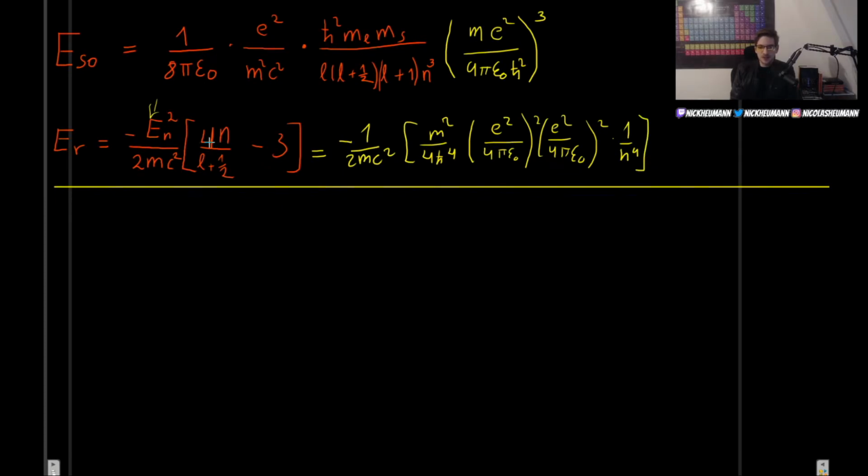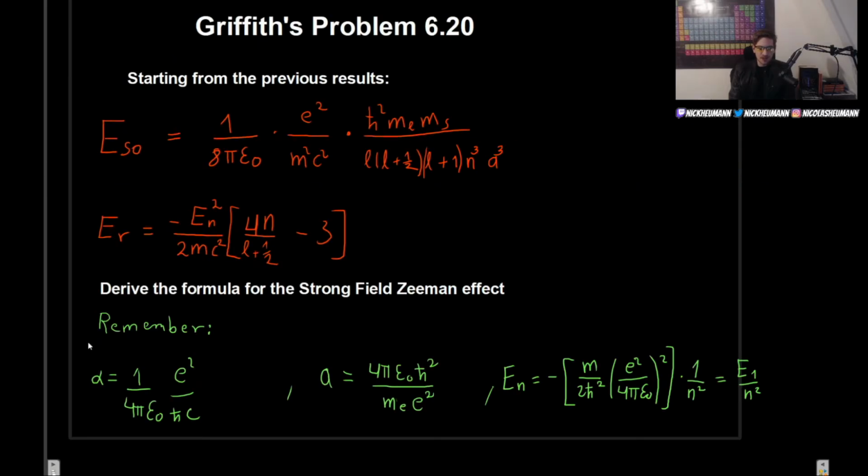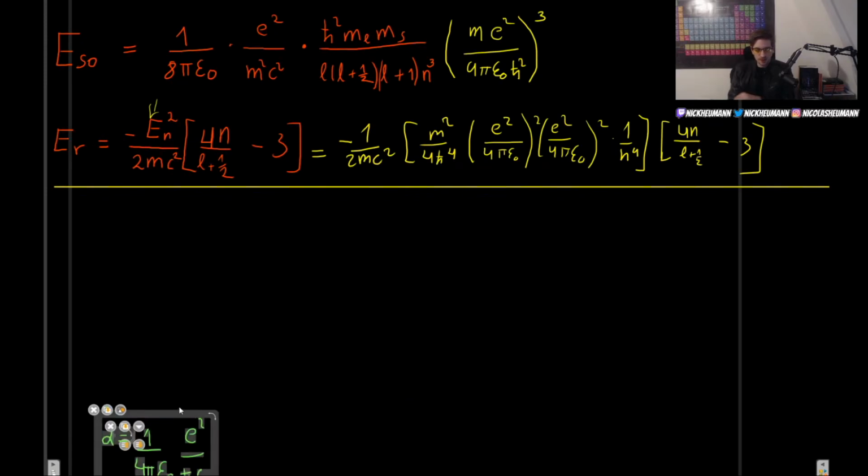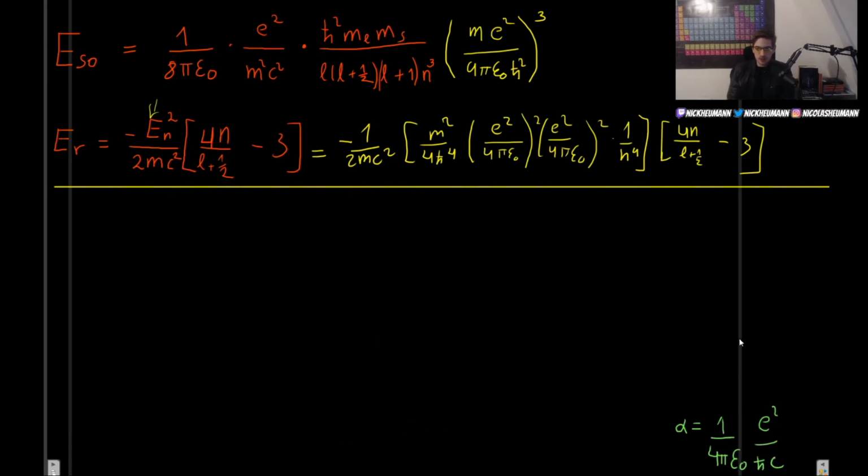And then we still have to multiply by this here. So 4n over L plus 1/2 minus 3. All right, so now we want to see if we can write any of these as the fine structure constant. So the fine structure constant is this right here. So let's put it in the corner and try to write these expressions with alpha inside of them.